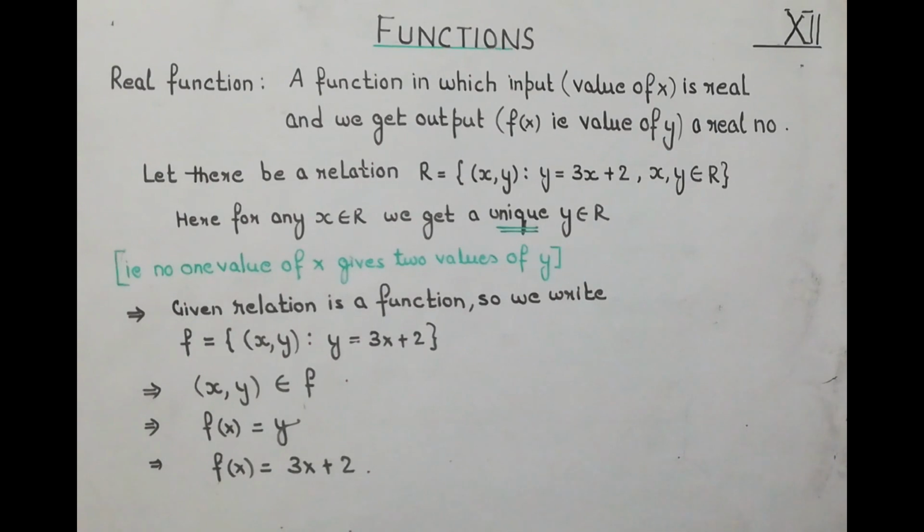Okay, now we have the real function, that is the real valued function. A real function means a function in which the input, that is the value of x, is a real number. We substitute a real value of x in the function and we get the output, that is f(x), the value of the function y, as a real number.